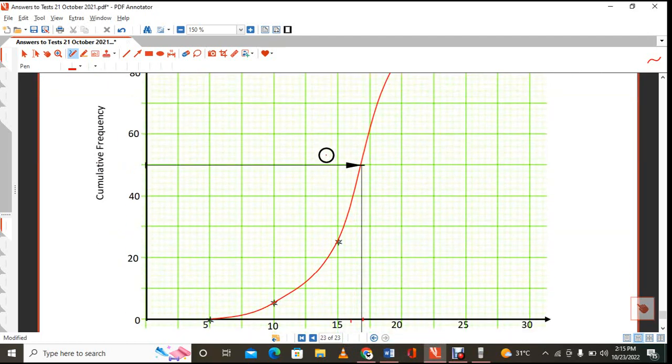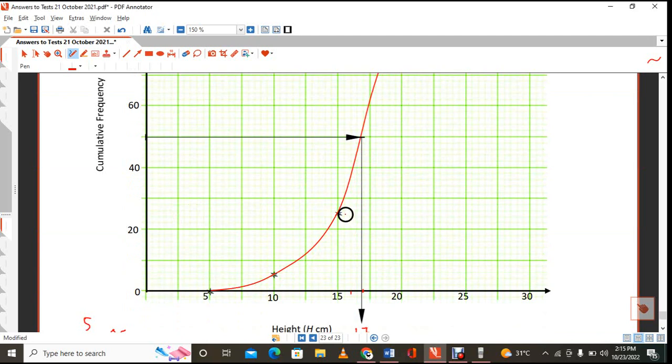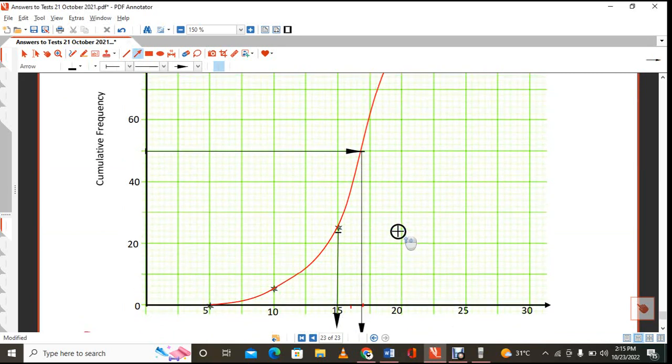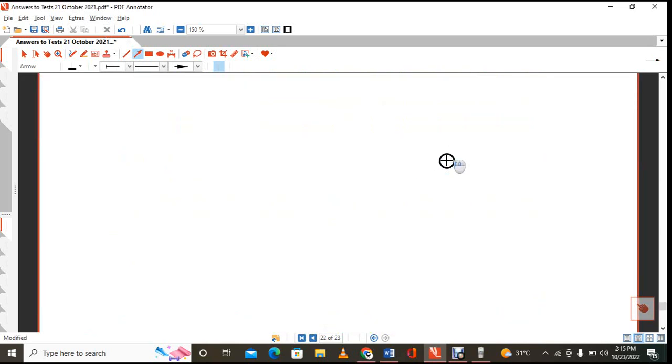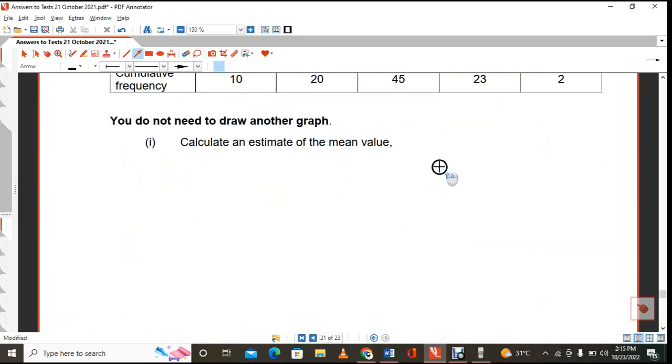So 25 is here where I have this little star, and you read down. It's very straightforward, it's just going to be 15. Can you see that? So it's 15 centimeters. So my lower quartile is therefore 15 centimeters.